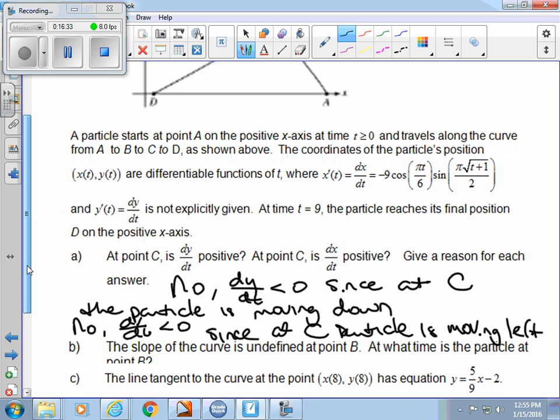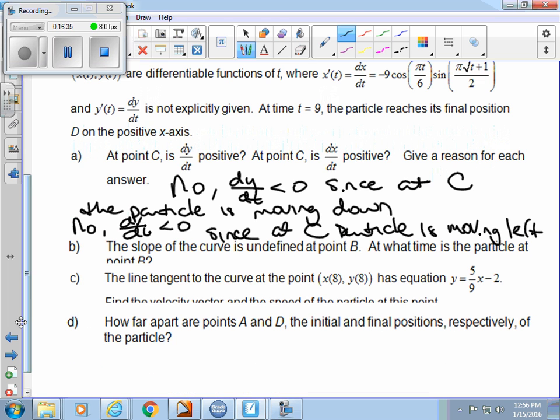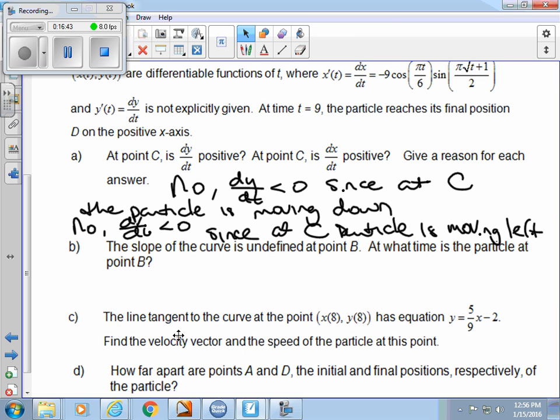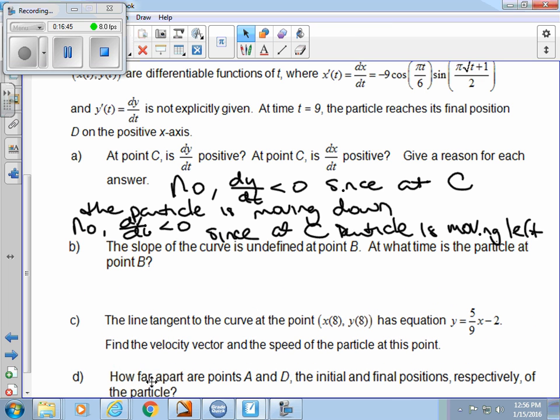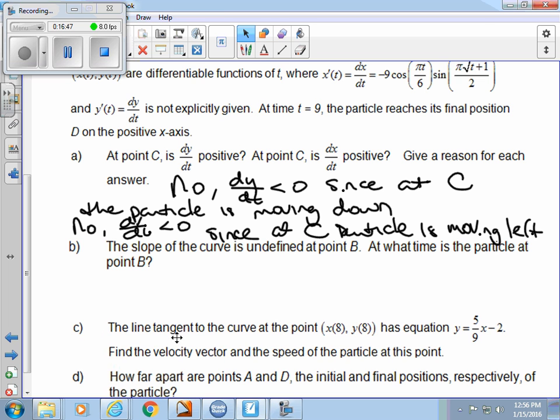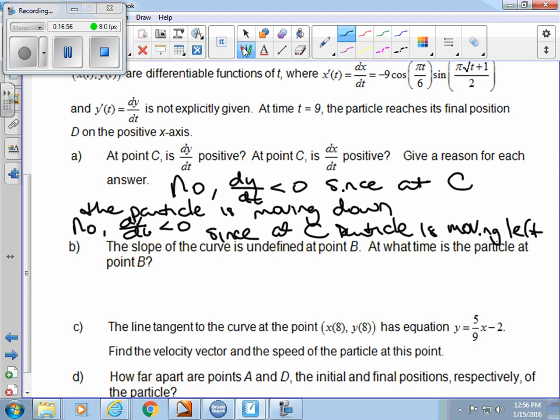Okay, the slope of the curve is undefined at point B. At what time is the particle at point B? Well, in other words, I want to know when dy dx is undefined, correct?